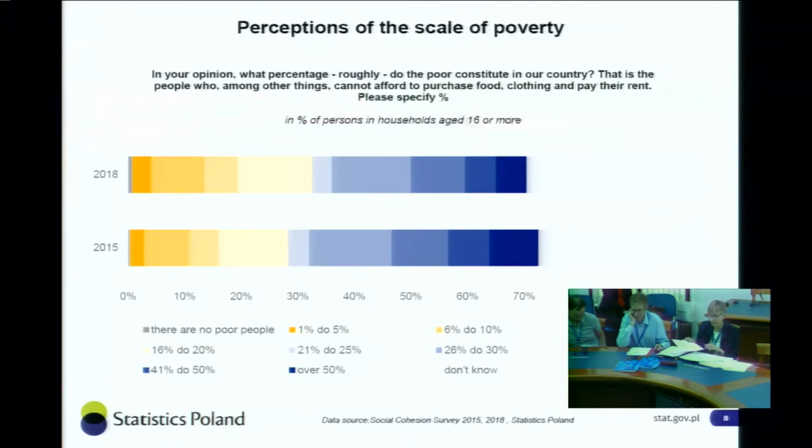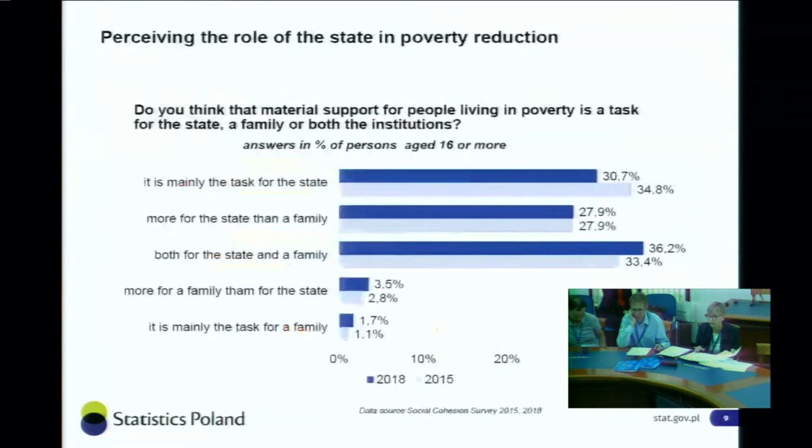But we also know what people think about the role of the state in poverty reduction. We put the question, you can see, do you think that material support for people living in poverty is a task for the state, a family, or both institutions?